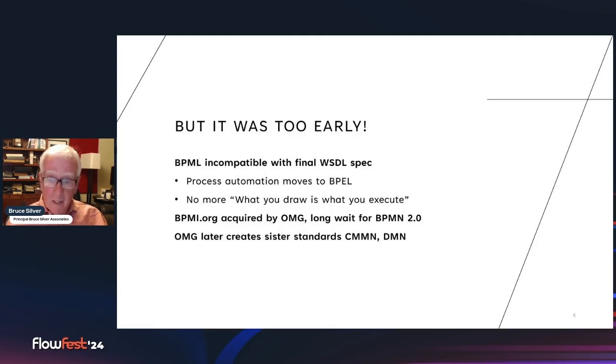And when it was published, BPML did not work with it. So BPML was quickly replaced by another language called BPEL that did.